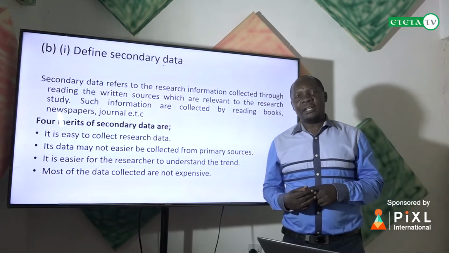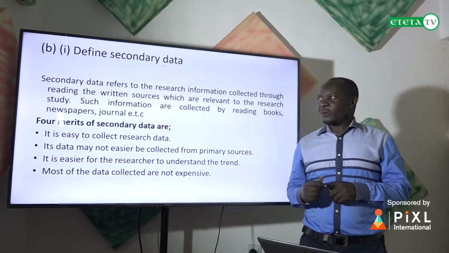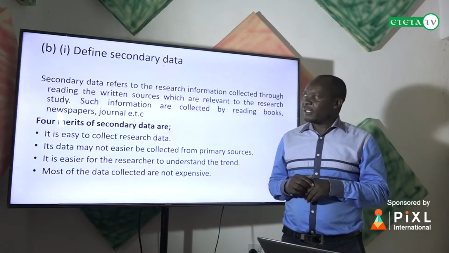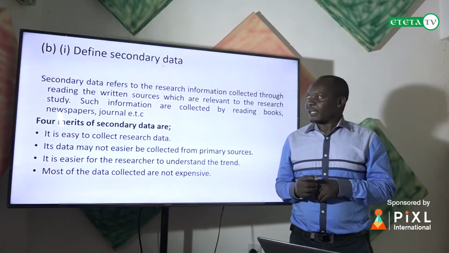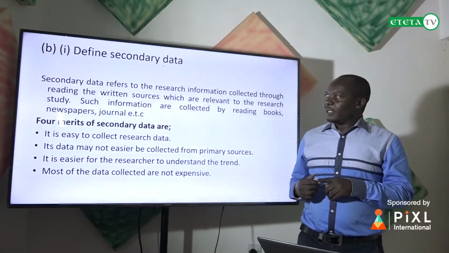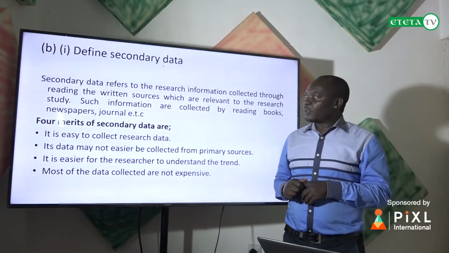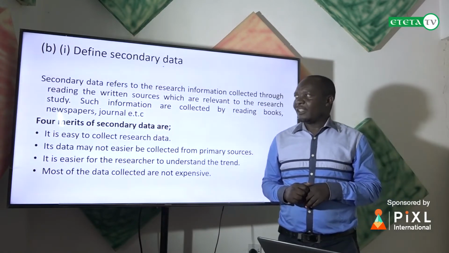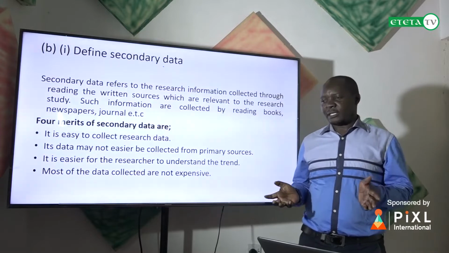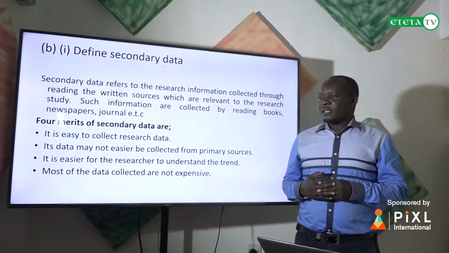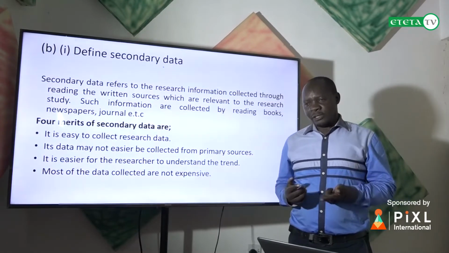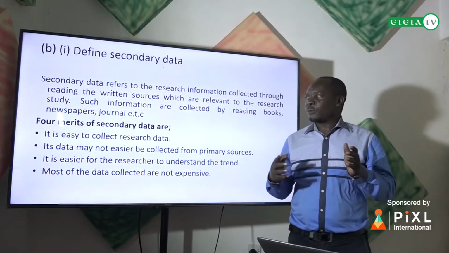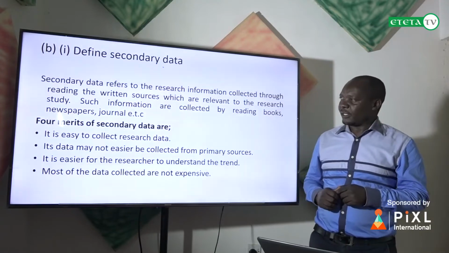What is secondary data? As a student, you can define secondary data as the research information that is collected through reading written sources, which are relevant to the research study.